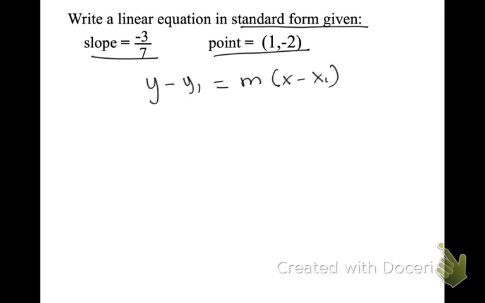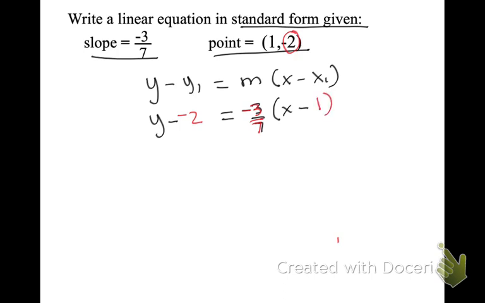So y minus, the first y is -2, equals the slope, -3/7, times x minus, and I have 1.